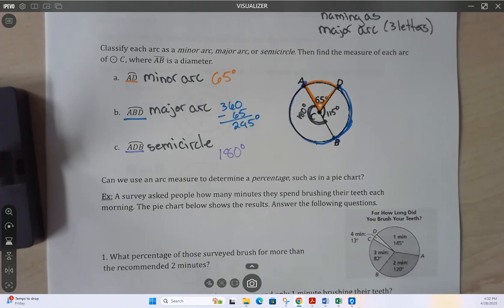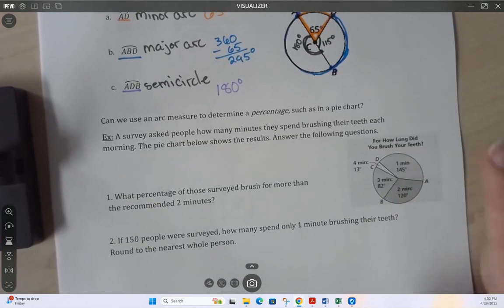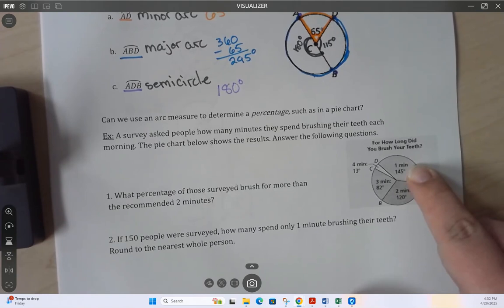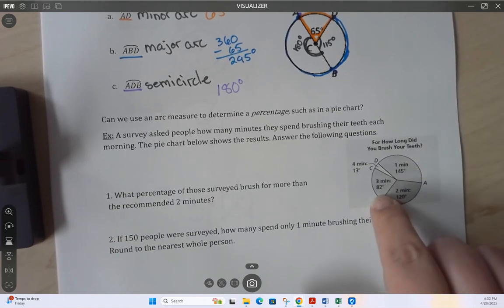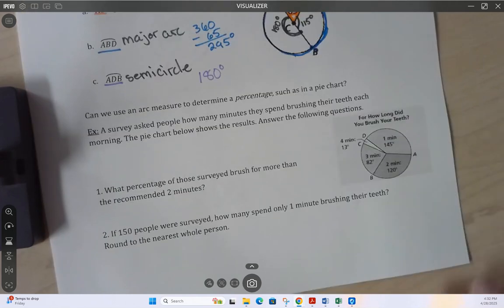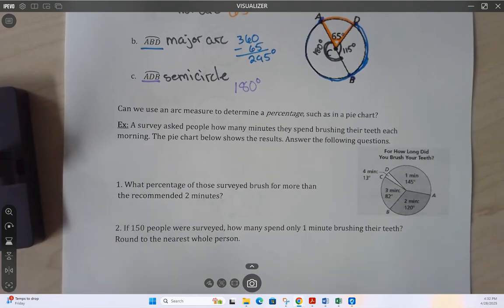Answer the following questions. So here in our pie chart, we see that several brush for only 1 minute, several brush for 2 minutes, quite a few maybe brush for 3, and a small select few brush for 4. According to this pie chart, nobody brushes for less than a minute, nobody brushes for more than 4 minutes.